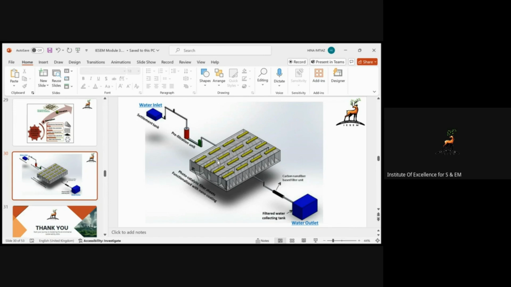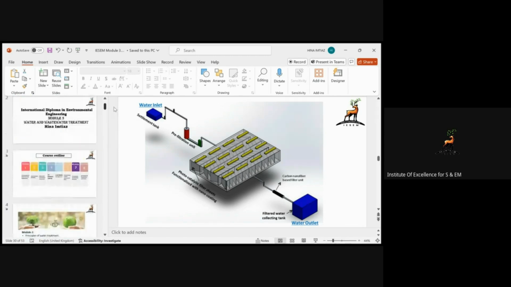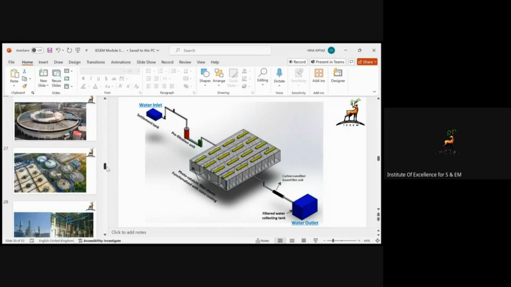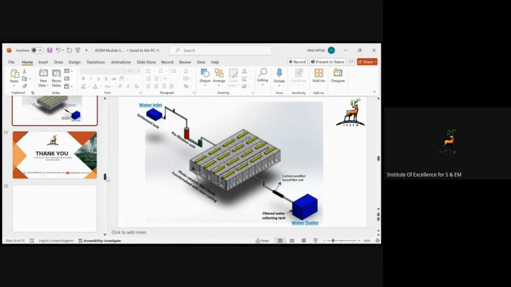If you have any question regarding these units, feel free to ask. And we have completed that chapter, which is wastewater treatment. Again, in this chapter we have discussed the stages of wastewater treatment and the methods of wastewater treatment.